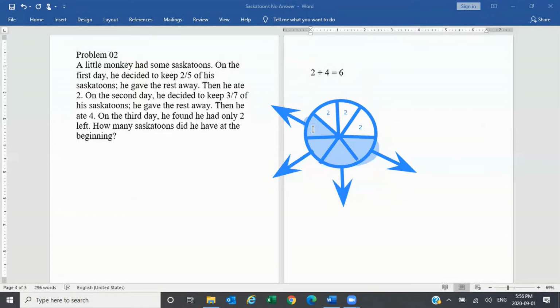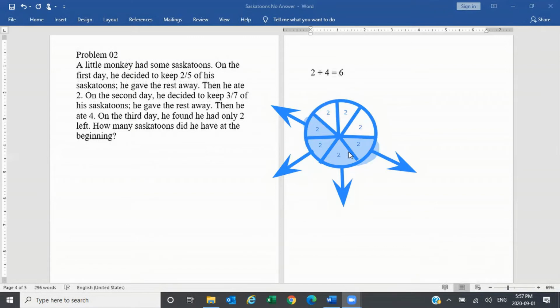And that means these pieces also represent 2. Let me just put 2 on all of these so we really know how many berries each piece represents. Each piece represents 2. The monkey kept 3 out of 7 pieces, and each piece is 2. 2 plus 2 plus 2 is 6. So that means he has 6.